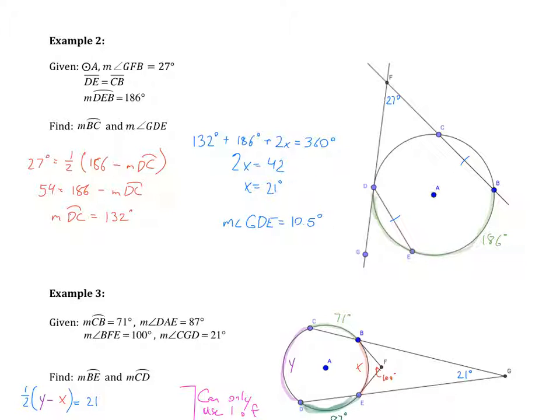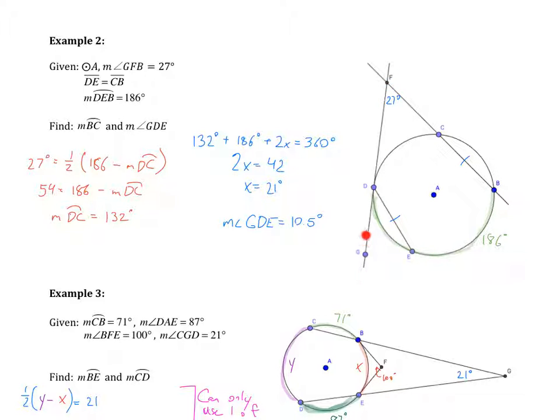So all the work to find BC and DC are here. First, to find BC here, we would work around so that we would have the value of 127.